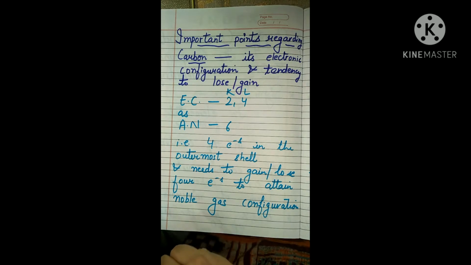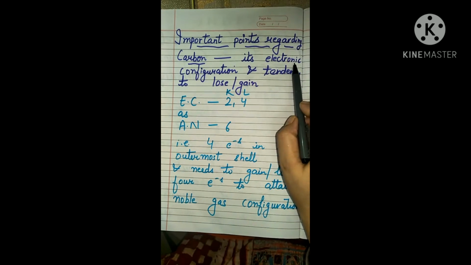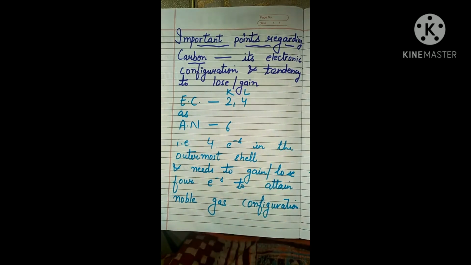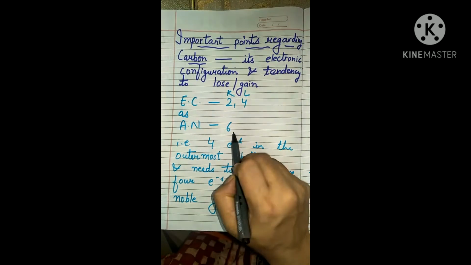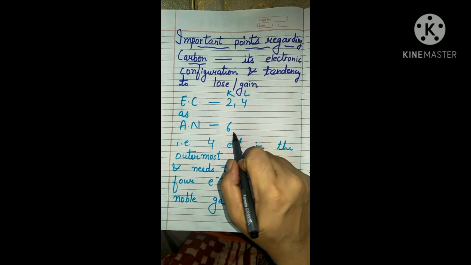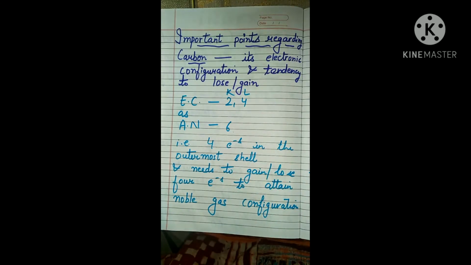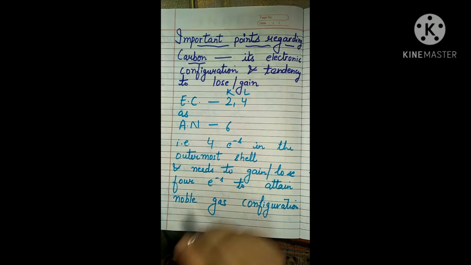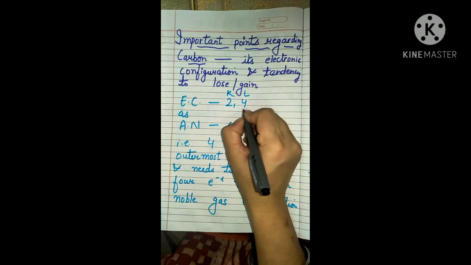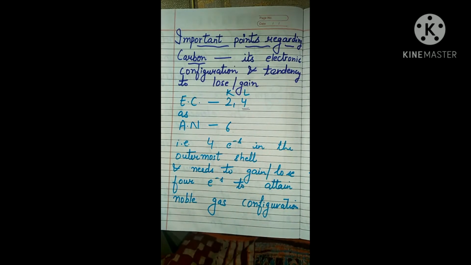So let us start with some important points regarding carbon: its electronic configuration as well as its tendency to lose or gain electrons. See, the atomic number of carbon is 6. So it has the electronic configuration 2,4. That means it has 4 electrons in the outermost shell.